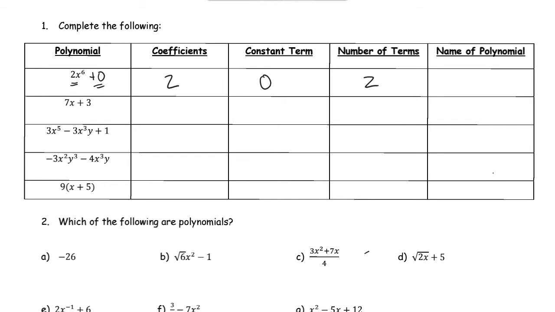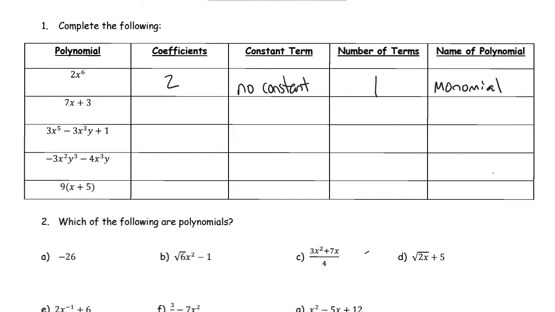But when you look at it, that's not really a very natural way to interpret this first term here. It makes way more sense to just look at that and say, well, hey, wait a minute, there's just one term there. When I look at that, I don't see two terms. So it's probably better just to say that, hey, there's no constant here. And then there's one term, and this is a monomial.